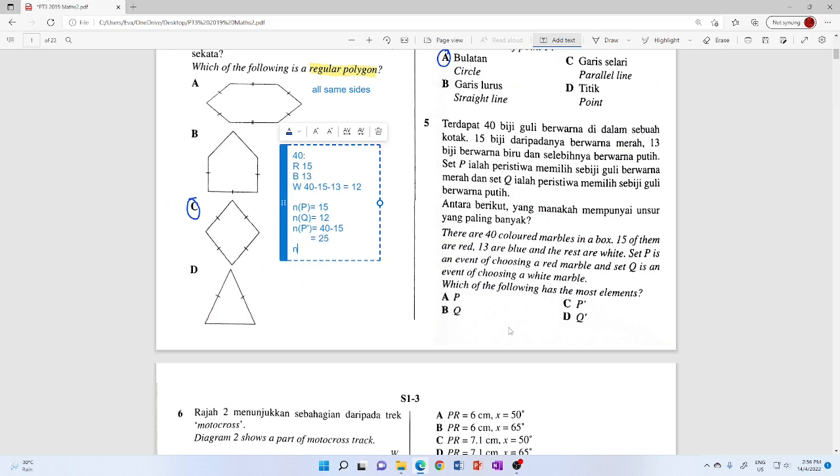And for Q prime, elements that are not Q. So we use total minus Q. Q is 12. This is 28. So the number that has the most elements, this answer is D.